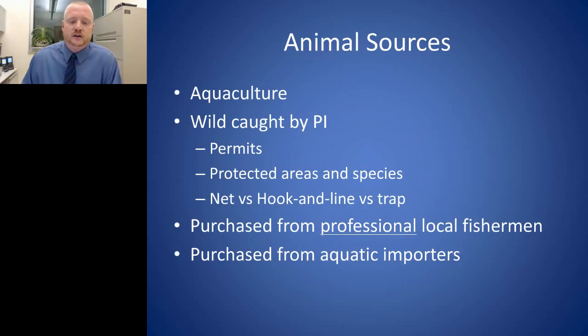And then, when the PI catches them, how are they catching them? Are they catching them by net, by hook and line versus a fish trap? All of those have different levels of potential pain and distress, as Dr. Ramos also touched on earlier today. One way that we've also gotten fish is purchasing from professional local fishermen. I specifically underline professional because you don't want the guys that are sitting on top of the bridge yanking up whatever they catch.